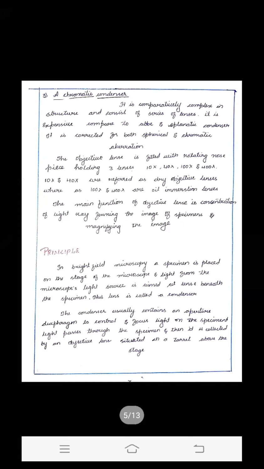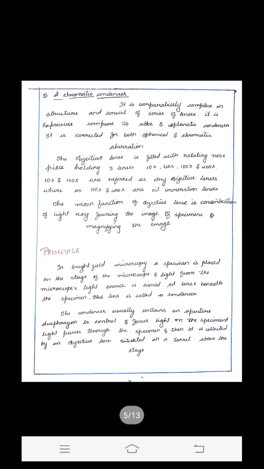The 10x and 40x are dry objective lenses, whereas the 100x is an oil immersion lens. The main function of the objective lens is to concentrate the light rays, form the image of the specimen, and magnify the image. Next, the principle of the bright field microscope.